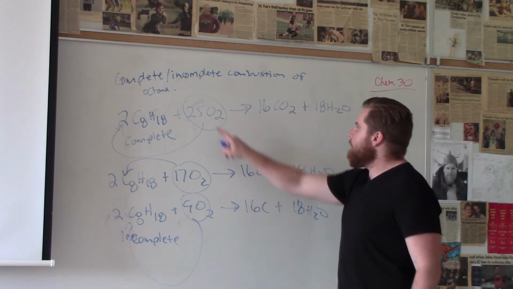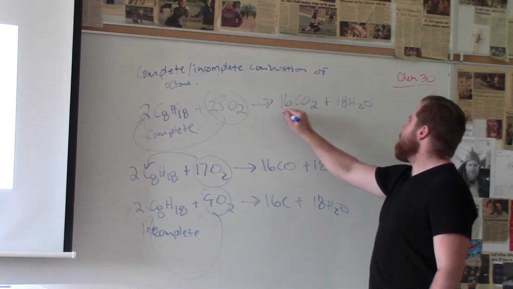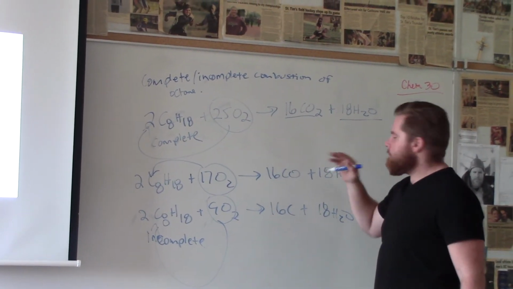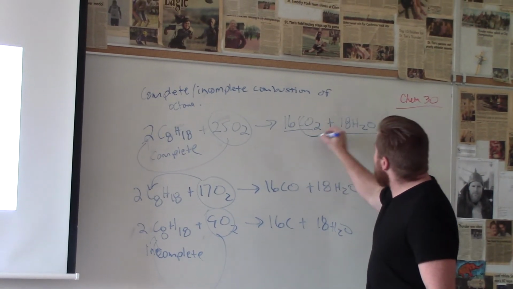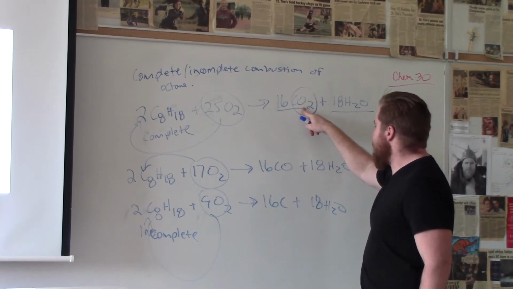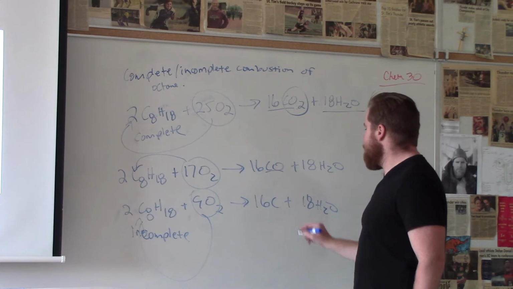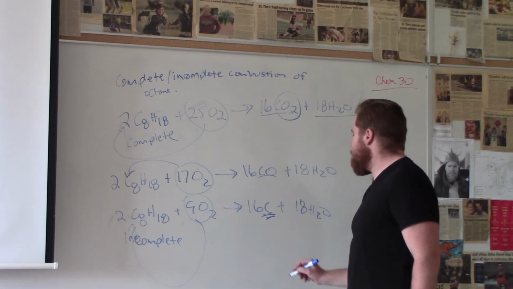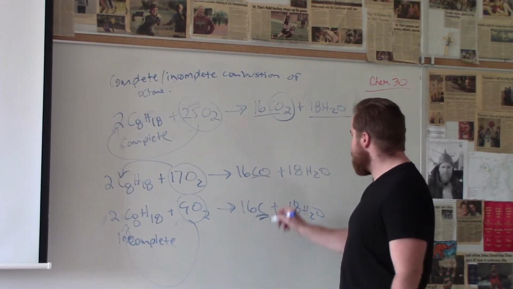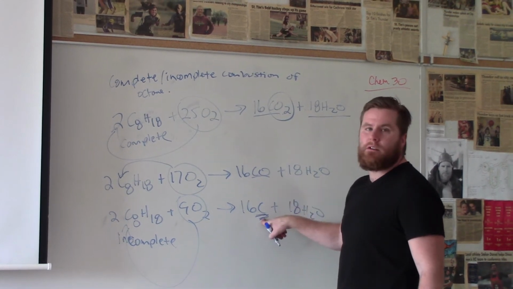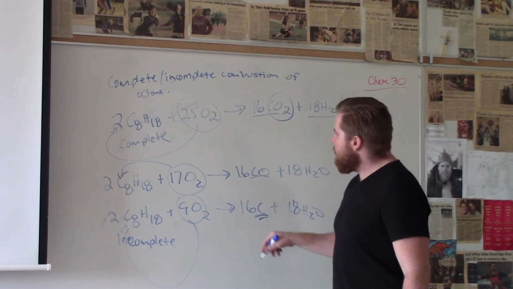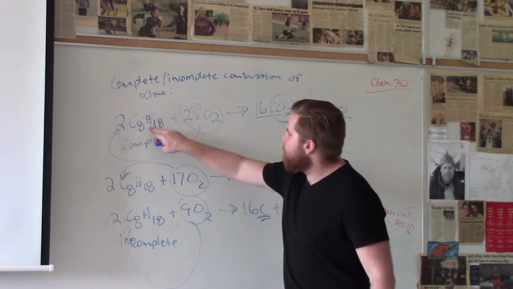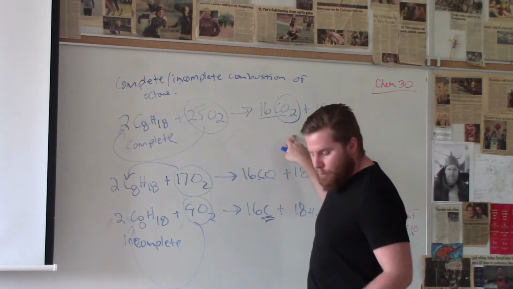So more oxygen available means we get cleaner fuel that's produced, even though this contributes to the greenhouse effect. Carbon monoxide is a poison, and elemental carbon is soot. So we definitely don't want to be breathing either of those in. So the larger oxygen to fuel ratio, the cleaner the fuel burns.